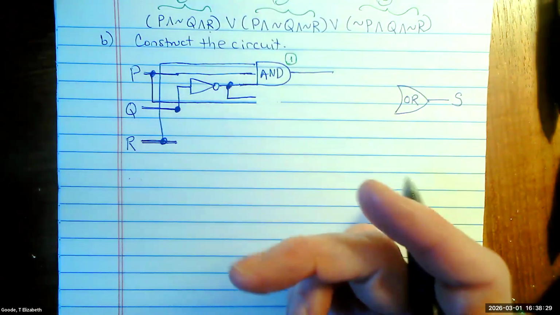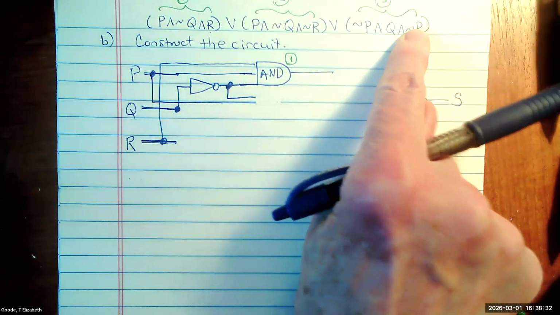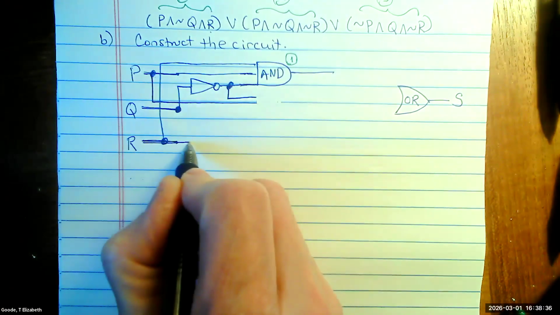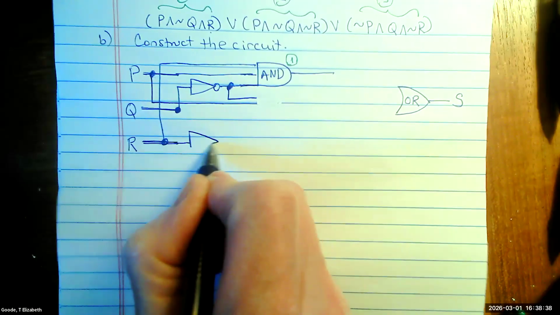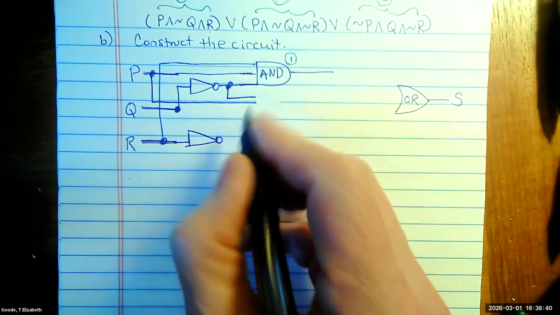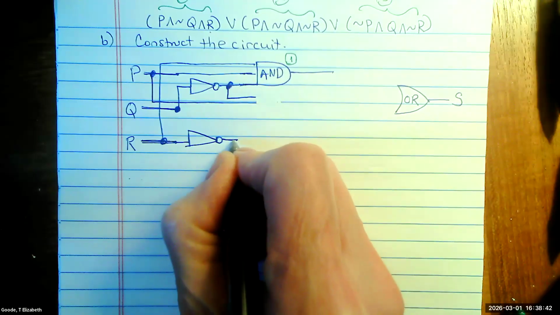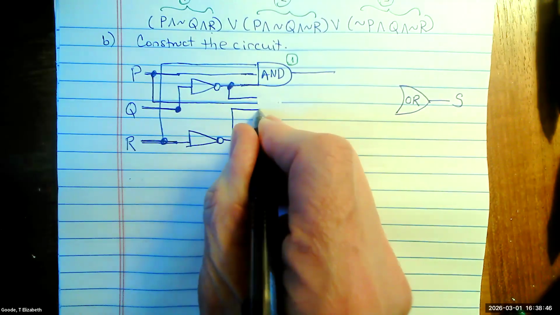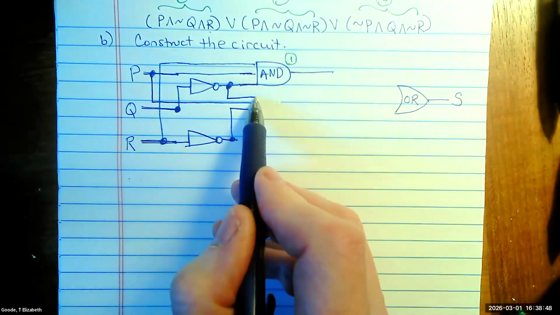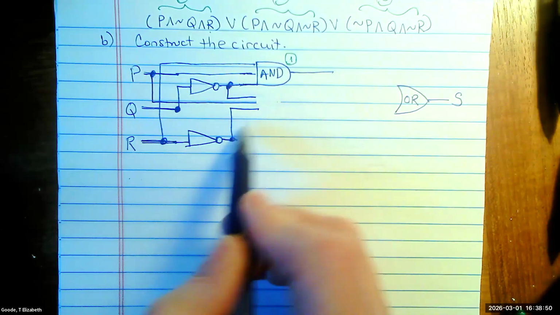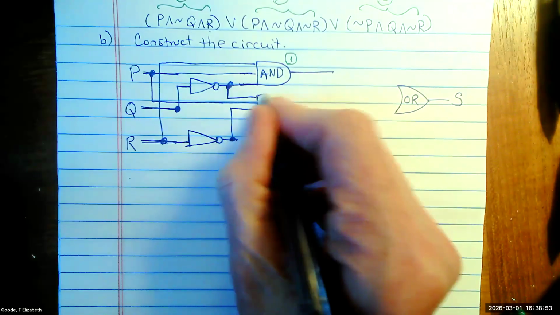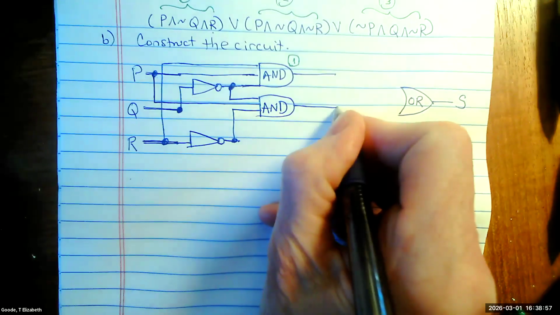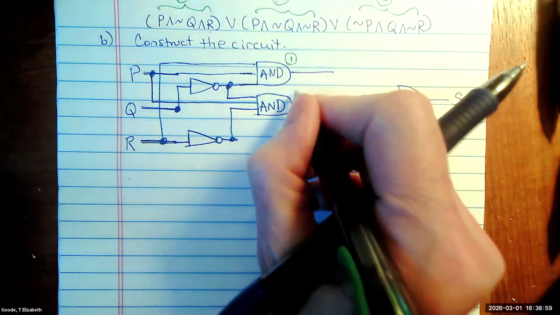And we need a not R. We don't have a not R. We're going to need a not R here as well. In fact, we're not going to need a plain old R again, so I'm just going to go ahead and create my not R. And I'm going to bring it up here. So this is not Q and P and not R. They can go through that AND gate together. And that's 2.